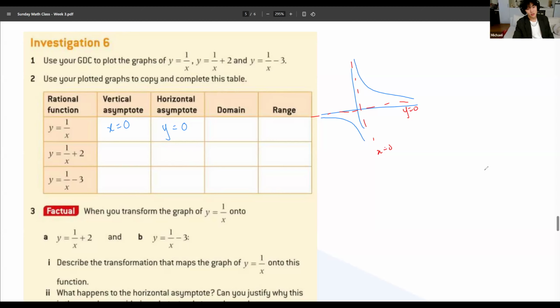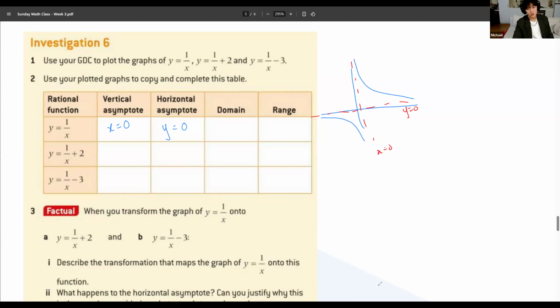All right, Adriana, first of all, explain to me how did you find the vertical asymptote for the second question? I put like 1 over 0 plus 2, and that gave nothing. So it's undefined.